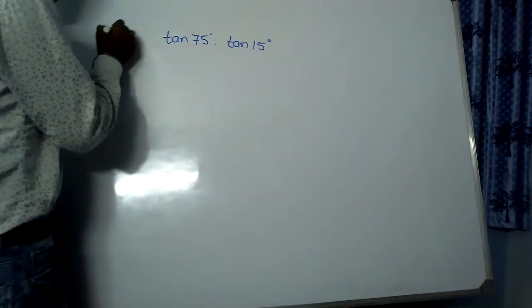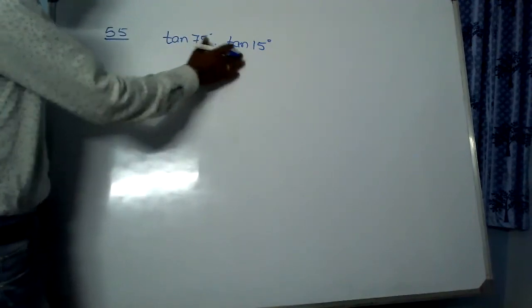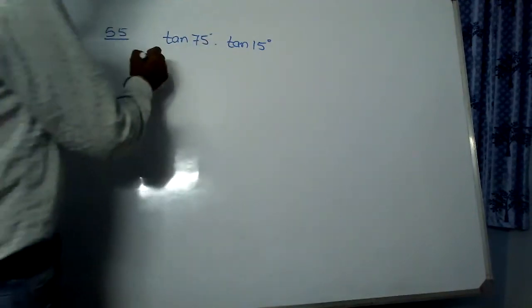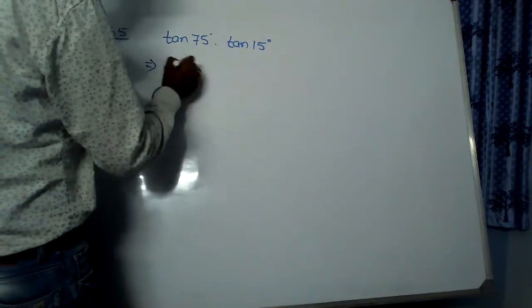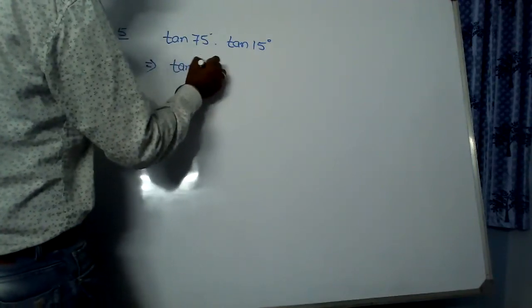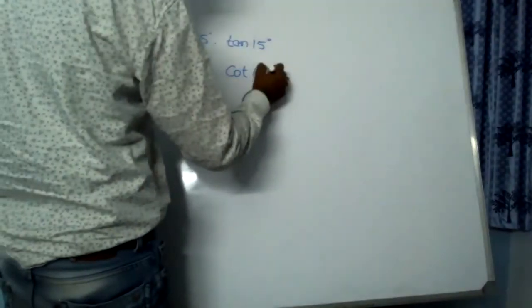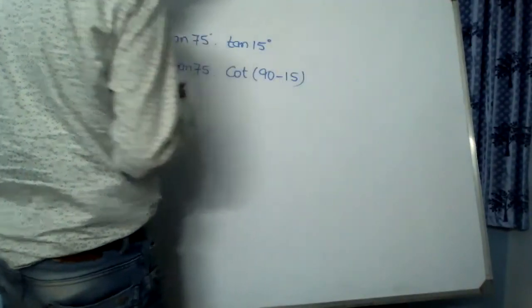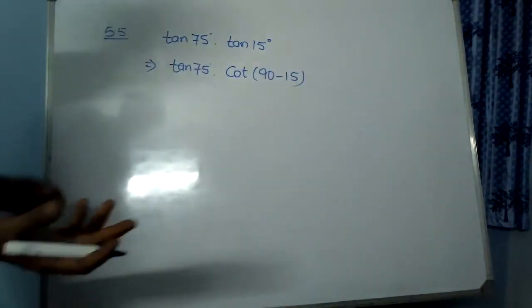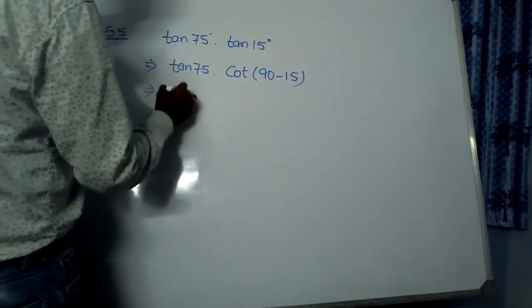In these kinds of questions, you convert any one of them, your choice, this one or that one. Simple. If you want to keep tan 75 as it is, convert tan 15. I can write it as cot of 90 minus 15, because tan theta is cot of 90 minus theta, for complementary angles. So what will I get here?